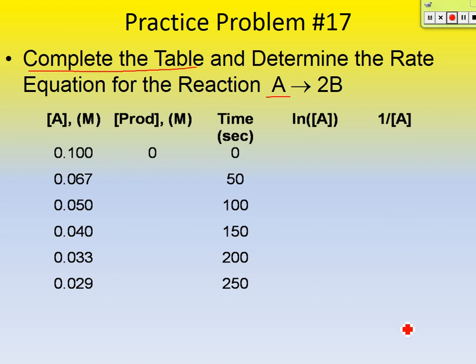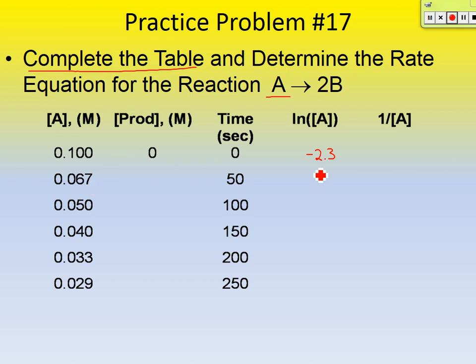How do we do that? Well, we're going to take the natural log of A at this time point. The concentration of A is 0.1. So with your calculator, you're going to do natural log of 0.1, and you get a negative 2.3. Now let's just continue on. At time point 50 seconds, our concentration was 0.067.